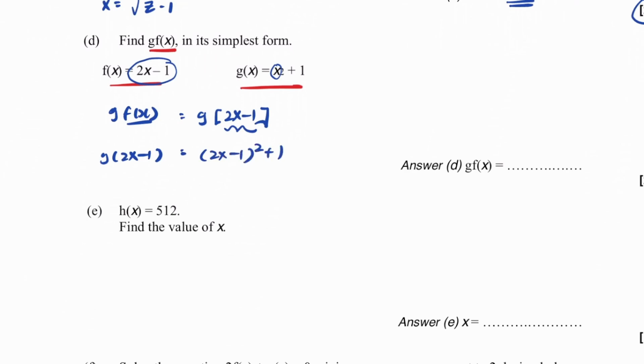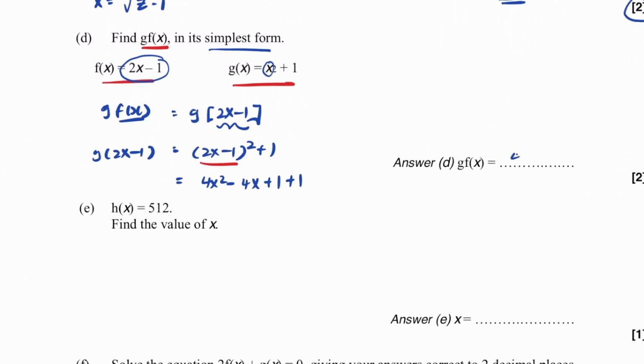But it says in the simplest form, so you are required to expand this whole thing into 4x squared minus 4x plus 1 plus 1. Last but not least, group all the like terms together: 4x squared minus 4x plus 2.